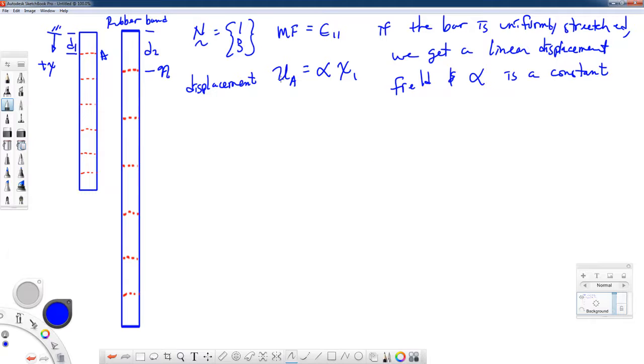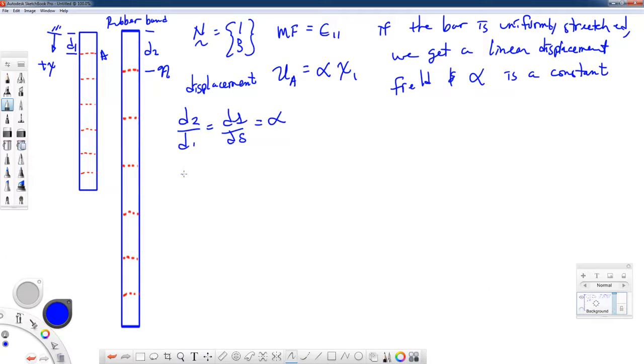Alright, so we had this magnification factor term equal to epsilon 1, 1. If we want our magnification ratio, that magnification ratio then would be equal to alpha. And we're not thinking about any other displacement fields. We're not thinking about any kind of contraction in the 2 direction or the 3 direction.